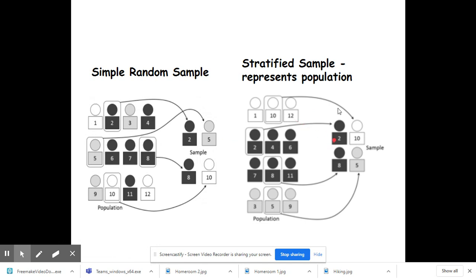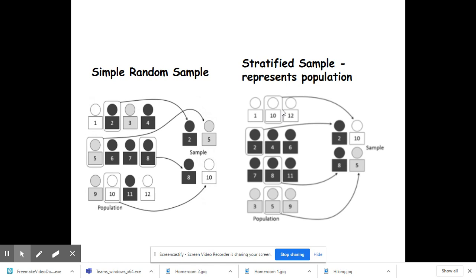Another type of sampling is what's called a stratified sample. That would be where you put each group within the population. So we can say white students, black students, Indian students, East Asian students, Hispanic students, and you look at the proportion of the school that they make up.